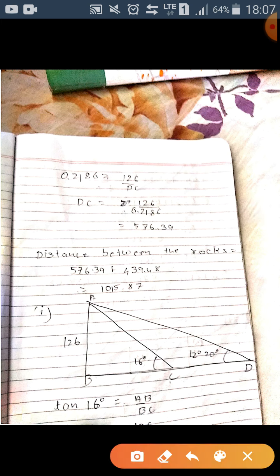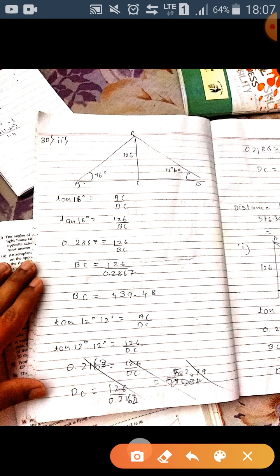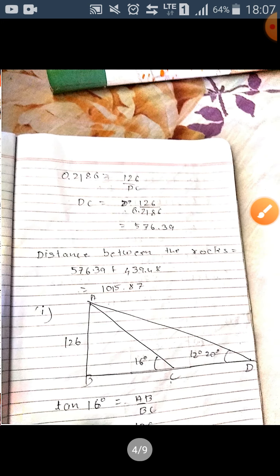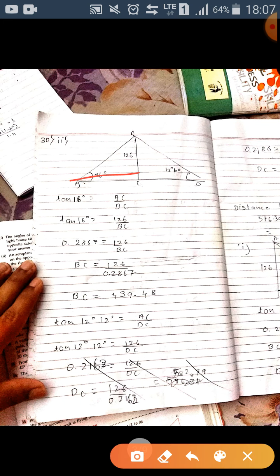So DC is equal to what? DC is equal to 126 by 0.2186, which is 576.39. Now I know that this portion is 439.48, and this portion is 576.39.